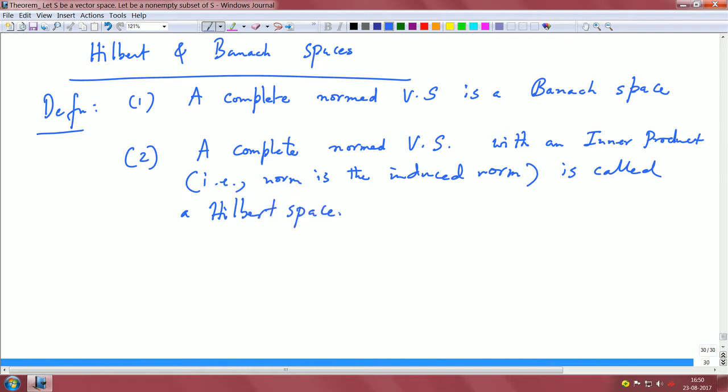So let us see some examples as to what we mean by this. A vector space by itself is not endowed with a norm. So we have to bring in some notion of norm to this vector space, then it becomes a normed vector space.